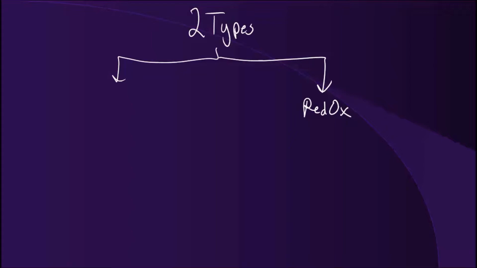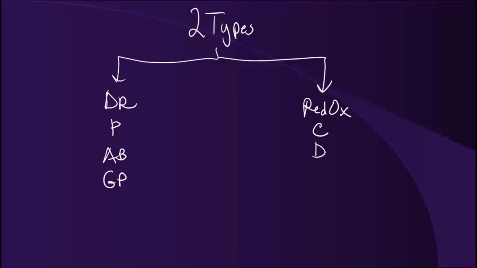No. Combustion is an example of redox. Double replacement. What are the 3 types of double replacements? Precipitation, acid base, and gas producing.